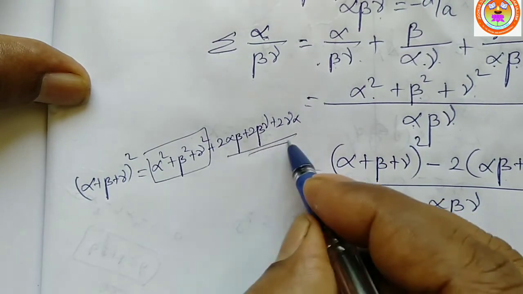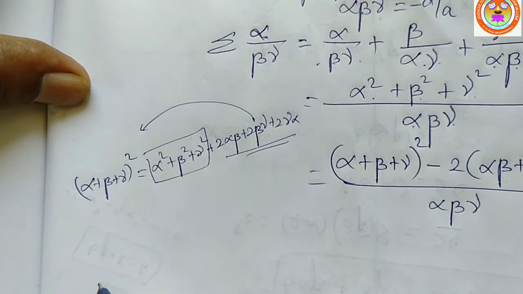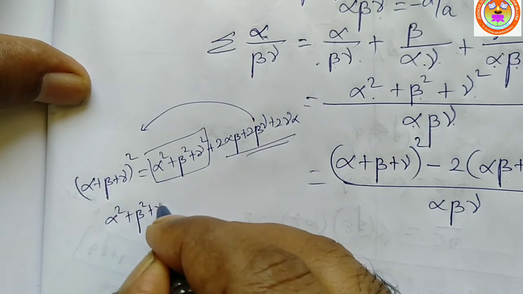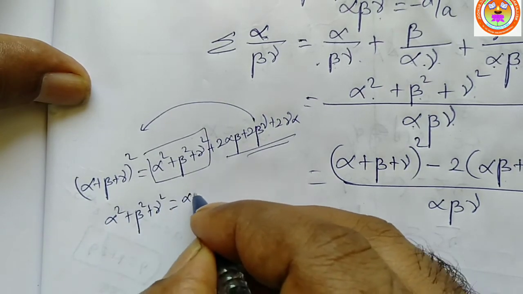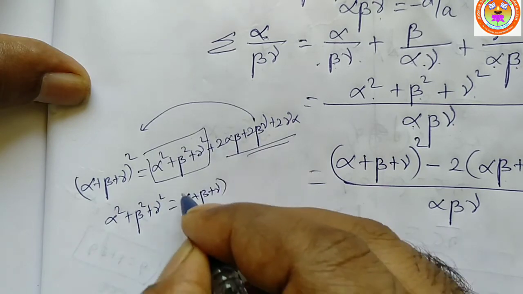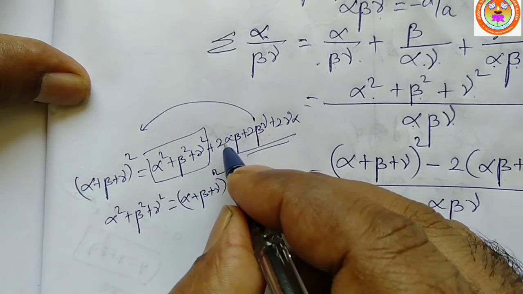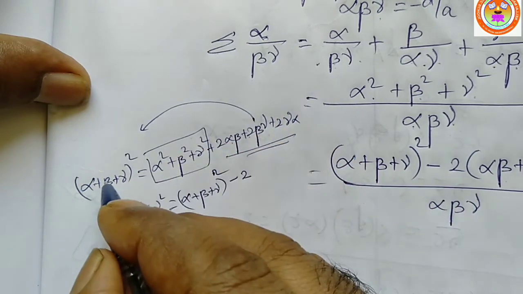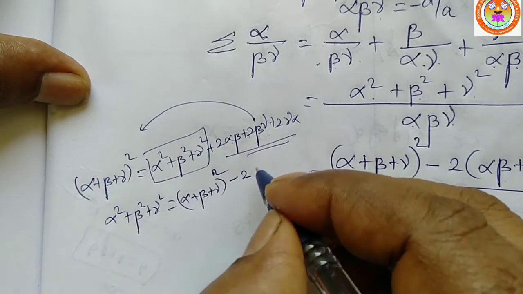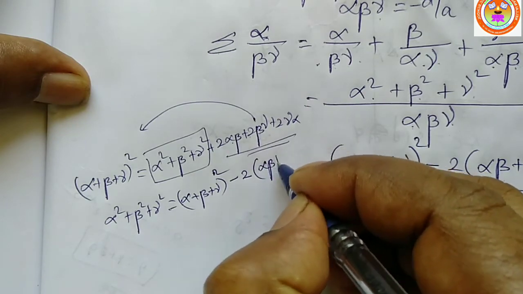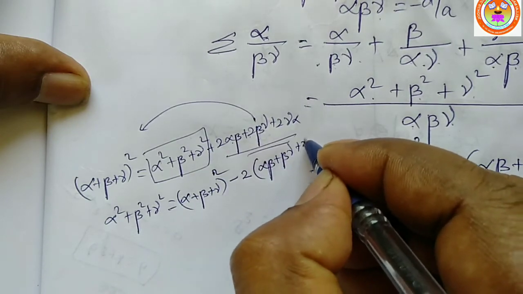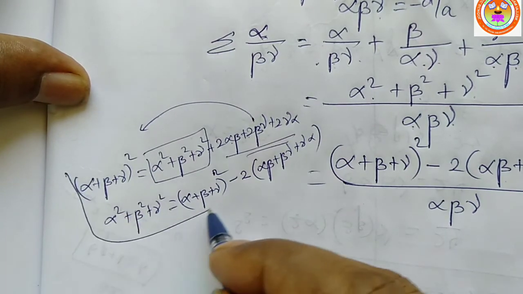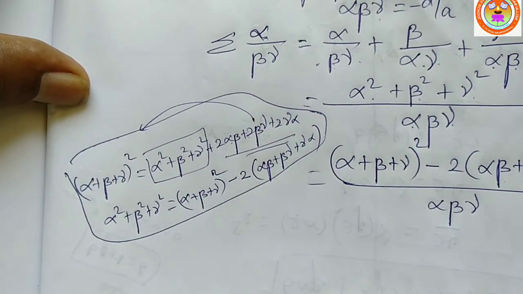So these 3 terms we have to take into the left hand side. So alpha square plus beta square plus gamma square is equal to alpha plus beta plus gamma the whole square minus, here 2 is common. So these 3 terms are moving into left hand side, so the sign will change. So minus of alpha beta plus beta gamma plus gamma alpha. This formula only we used here.